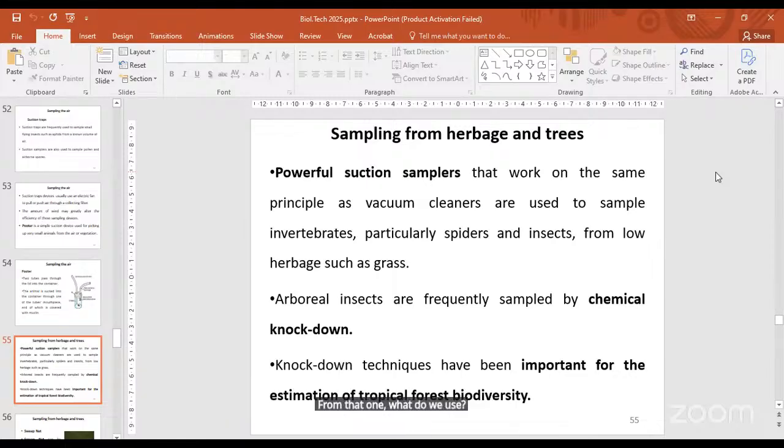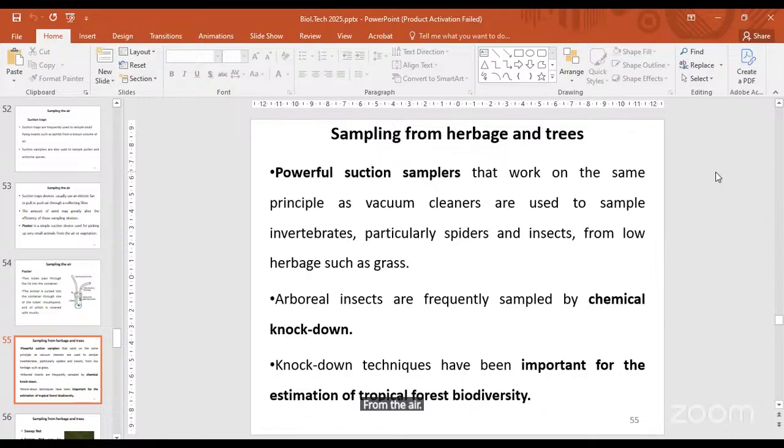We also use a suction device, the suction sampler. This time around, a more powerful one that can take in bigger animals, bigger insects. So essentially, it's also a suction device, but it may not be like the one you use to sample from the air.